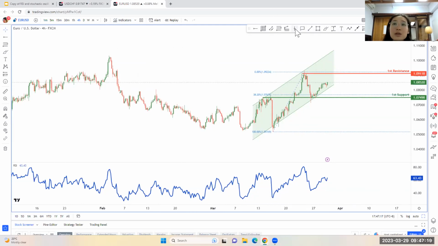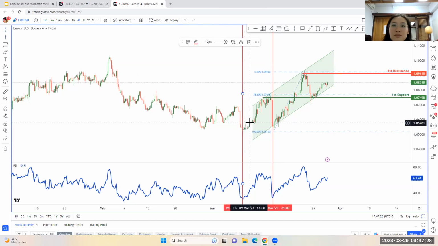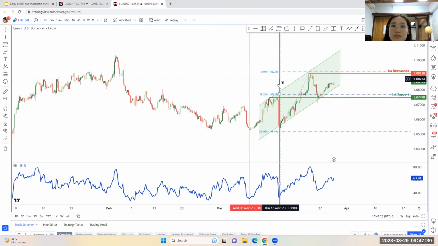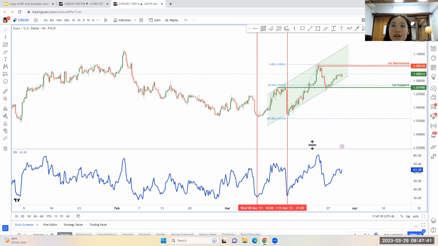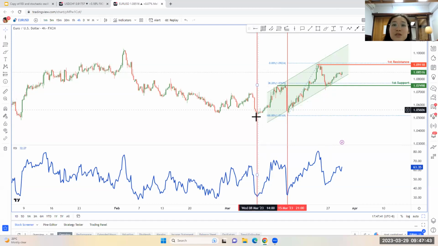Okay, so same thing, I'm going to pull out my vertical line and see if we can find any divergences. Okay, I think we have one here. Yes, but it is not very obvious. So here, on our price chart, it's a horizontal level.